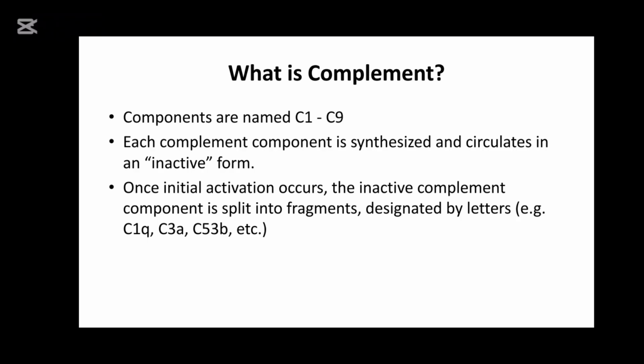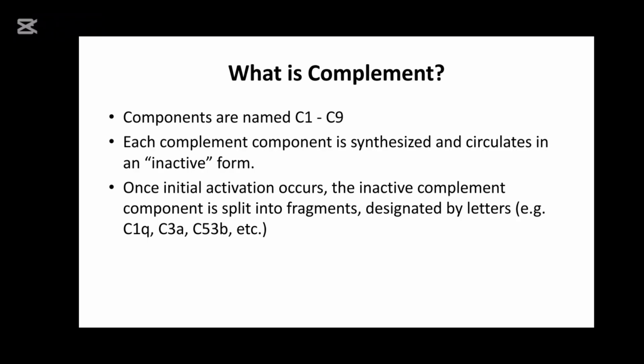By cleavage we mean that at some point they get split, using different biochemical cascades and enzymes. These same factors, C1 to C9, get cleaved, and we're going to see how we cleave them. Each component is synthesized and circulates in an inactive form. I emphasize why it should be synthesized and circulated in the inactive form.